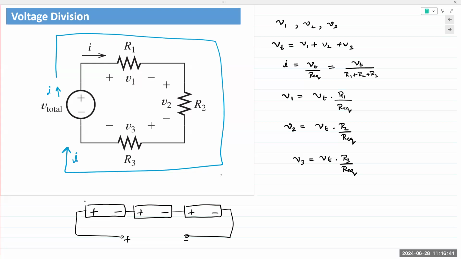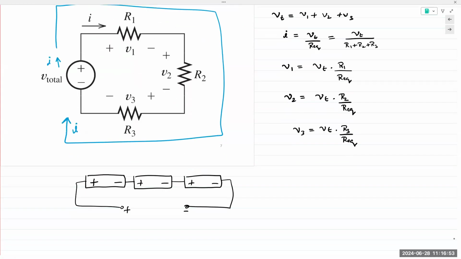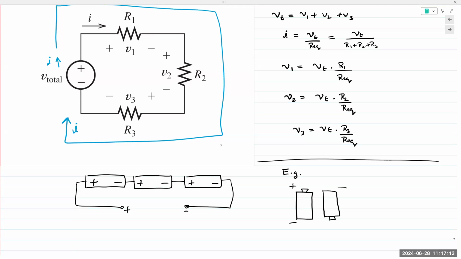You have used this every time you have used a remote control with more than one battery, or any device with more than one battery. As a real life example, if you've used any remote control, you've inserted batteries in the remote control, you would have inserted something like this: plus, minus, and then minus and plus.